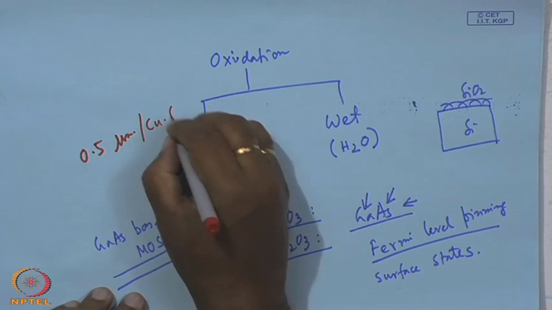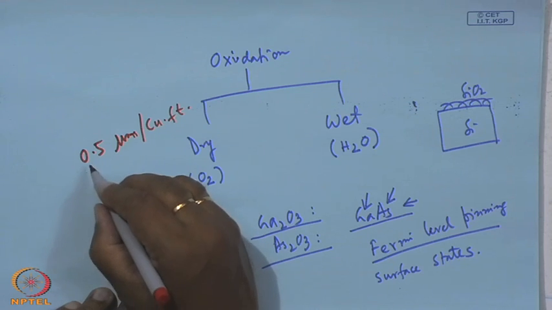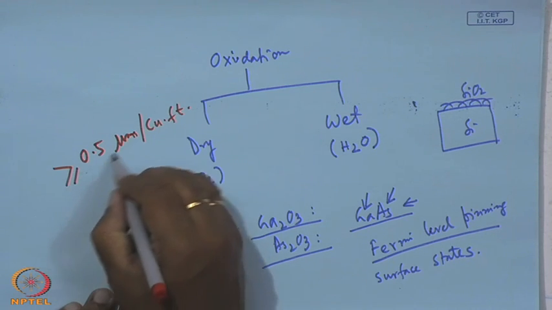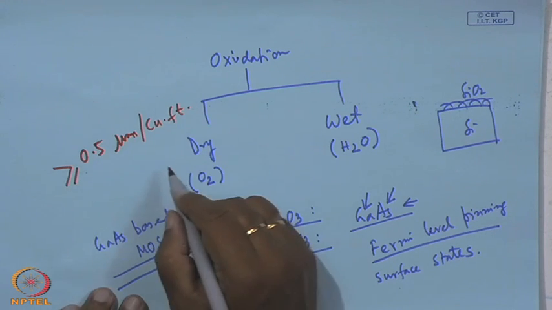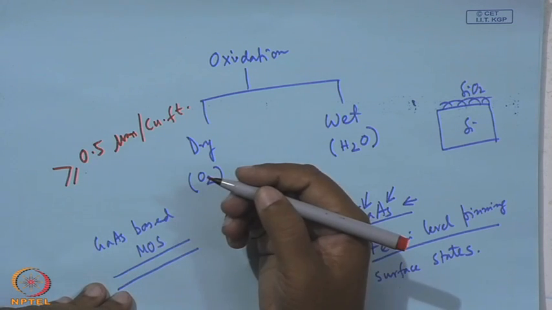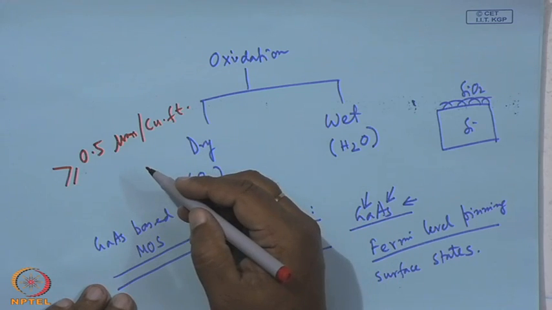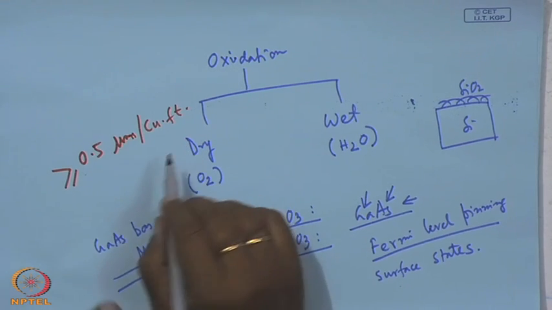So, if you have particles greater than or equal to 0.5 micron per cubic foot, that is the maximum allowable limit, and if it is greater than that, then you cannot term it a clean room.